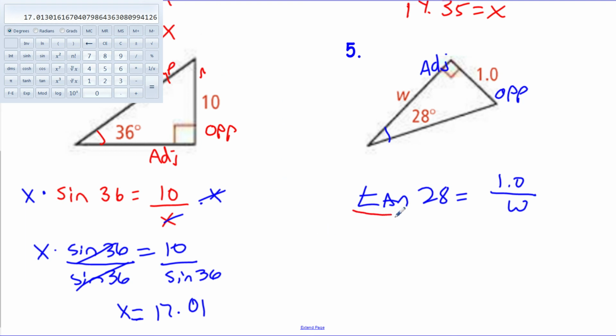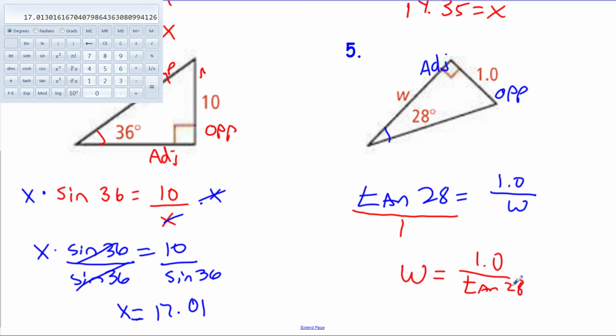If I remember that tangent is a number, and so I can really put that over 1 if I want, right? I can use a property of proportions that says you're allowed to switch the numerator on one side with the denominator on the other, the tangent and the w. I can do a swap between these two, and if I do that, it's just going to say w is equal to 1.0 over the tangent of 28, right?